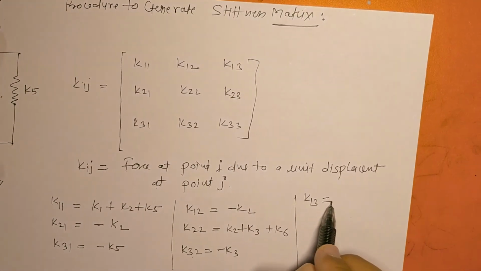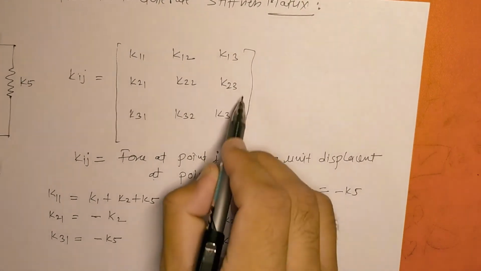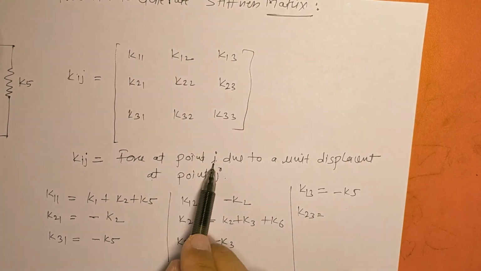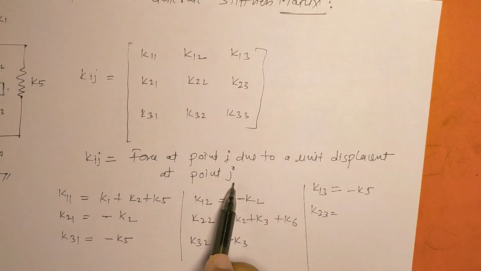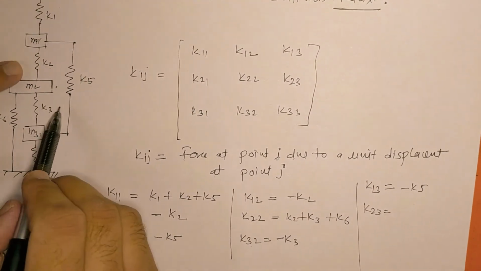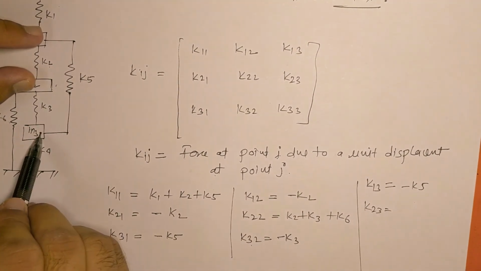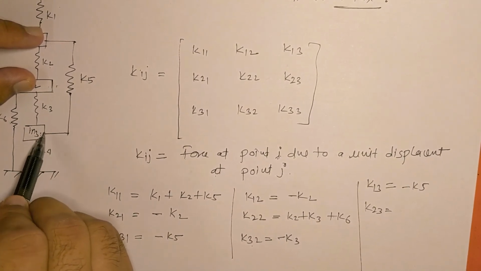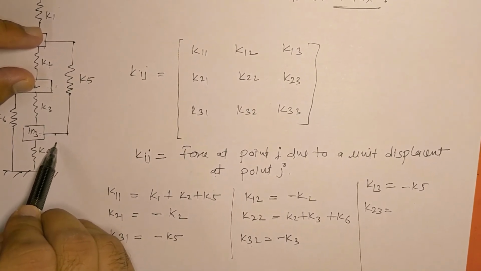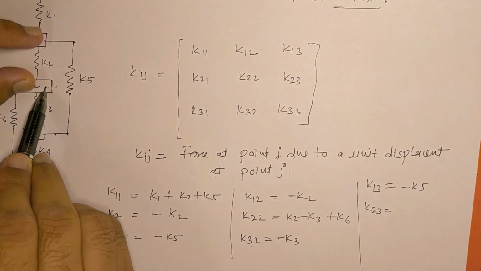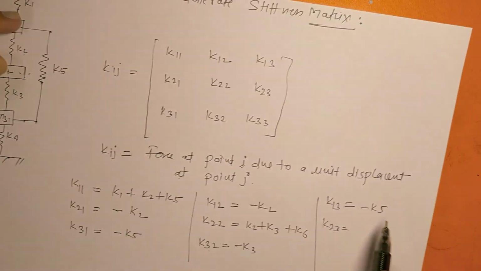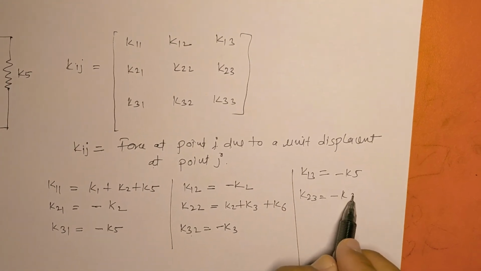So this is minus K5. Similarly, K23 is equal to force at point 2 due to unit displacement at 3. If the others are fixed and this is connected with the help of K3 only, and this displaces in this direction with unit displacement, this will create a force on point 2 of K3 multiplied by 1 in this direction. So this is minus K3.